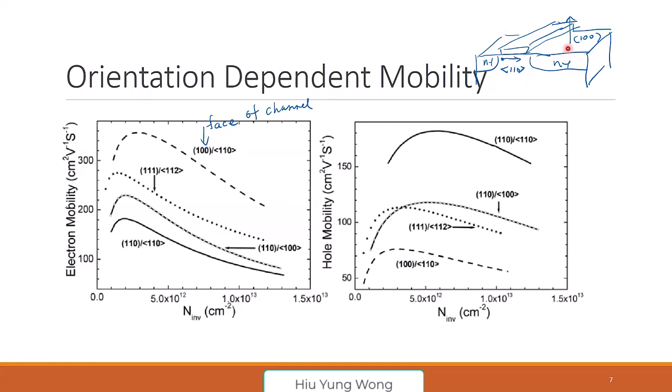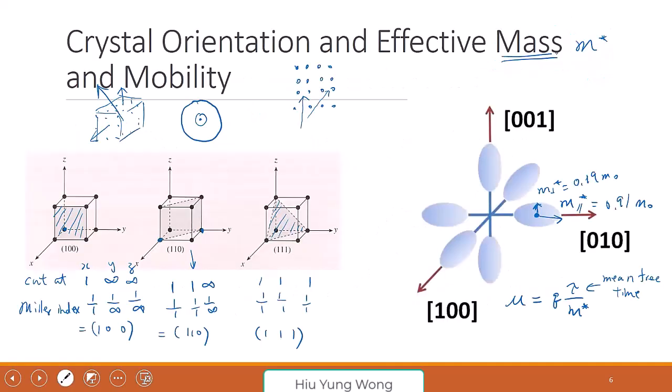But you cannot choose an arbitrary face, right? Because once you cut this wafer, on the surface you don't get all the possible orientations. So this is just the limit. In reality, the vendor is only going to give you 3 types, usually 100, 110, and 111, when you buy the wafer.